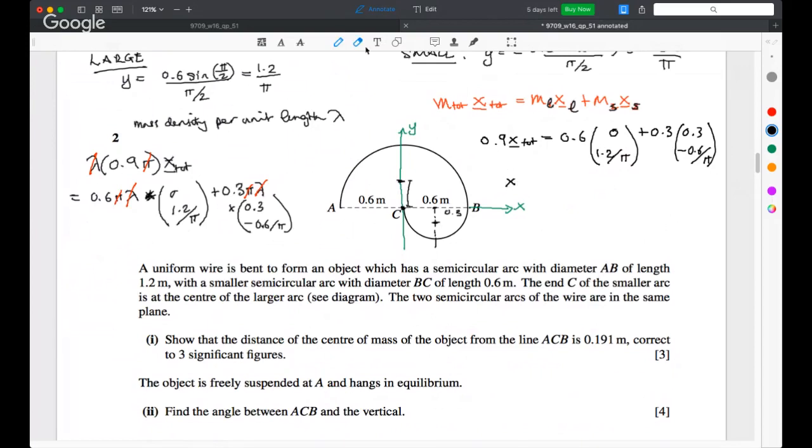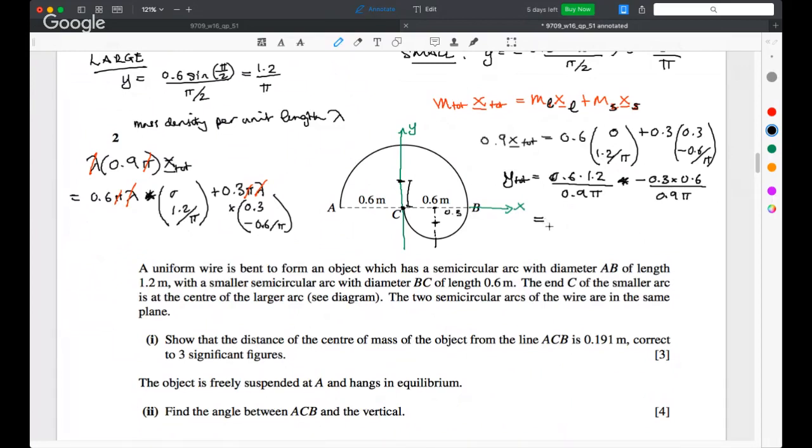X, well, it's called y total. So the y coordinate of the center of mass of the total object. Y total is equal to this one is 0.6 times 1.2 over 0.9 pi plus or minus 0.3 times 0.6 over 0.9 pi.